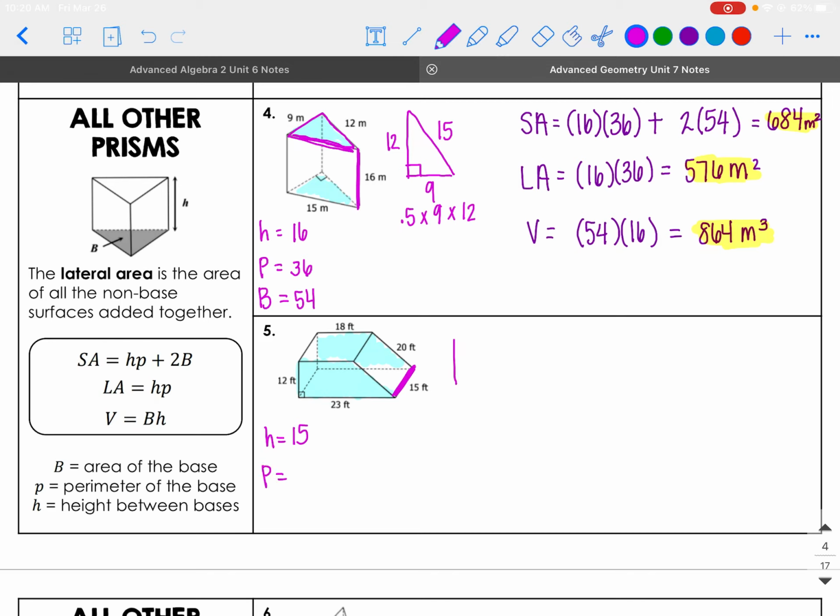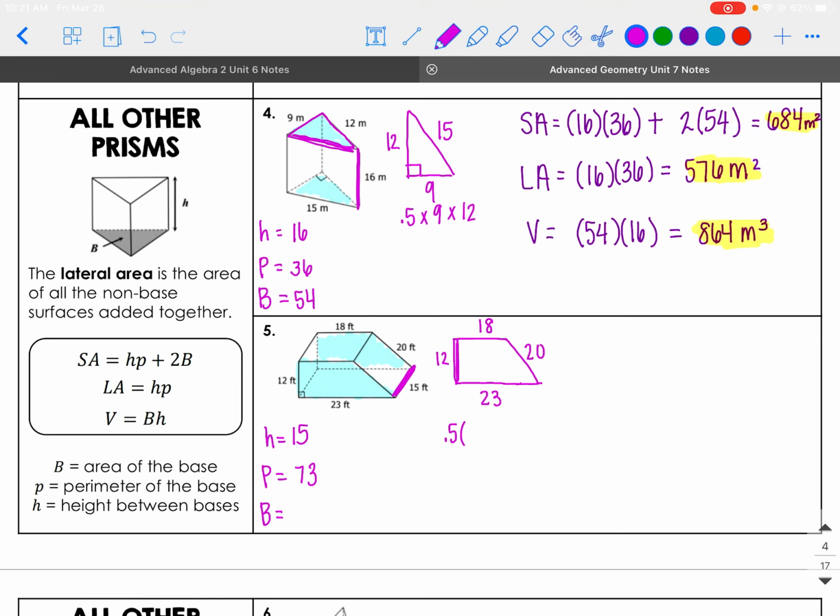The perimeter of the base. So here's my base. So the perimeter of that is 73. And the area of the trapezoid, remember, is half times the height.